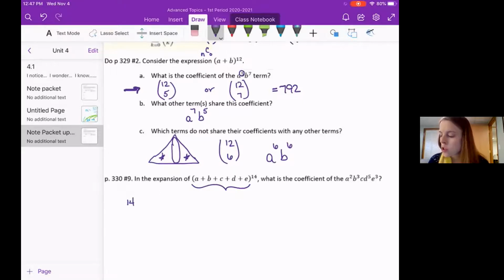The amount that we're choosing in the earlier examples, when we chose 5, that was the power on the first term. So we would have 14 choose, in this case, 2. Now, in earlier examples, there was nothing that came after this.